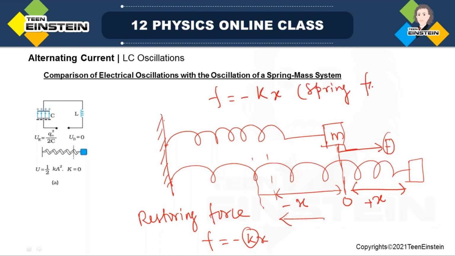It is always opposing, or in the opposite direction of, the displacement. If you displace in this way, the spring force will be in this way. Now if you compress the spring this way, the spring force again will be against the compression.